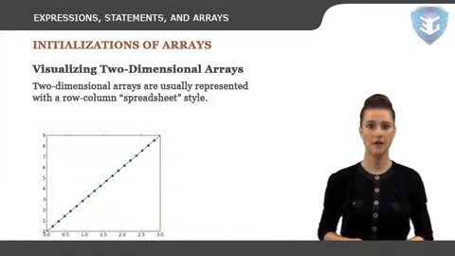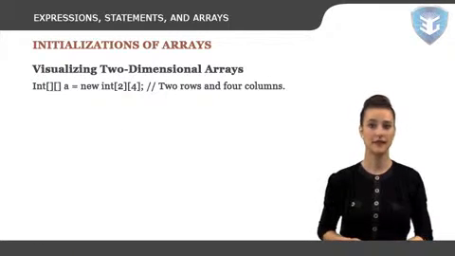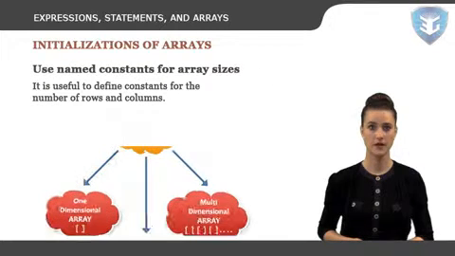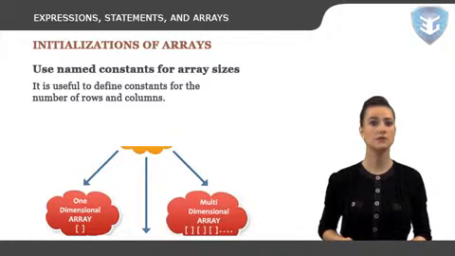Visualizing two-dimensional arrays. Two-dimensional arrays are usually represented with a row-column spreadsheet style. Assume one has an array, A, with 2 rows and 4 columns. Two-dimensional arrays are usually visualized as a matrix with rows and columns. Use named constants for array sizes. It is useful to define constants for the number of rows and columns.